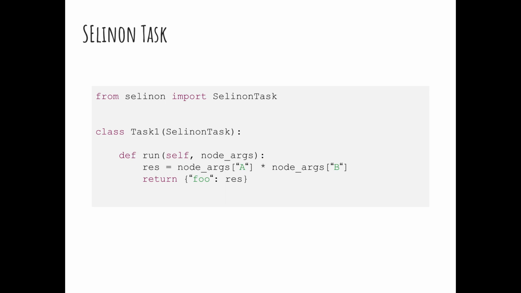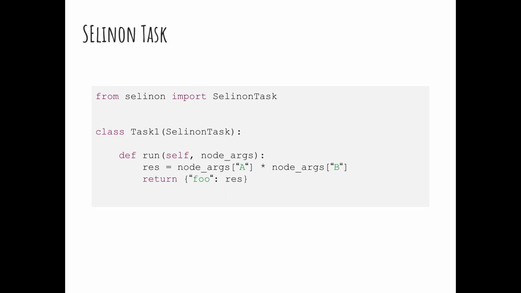So in Selinon world, you derive from Selinon task and you provide the run method, that is the entry point of the task implementation, and you accept these node args that are basically a message that is published on a message broker, if you put it very high level, and you multiply numbers A and B, you store it in the result variable, and then you return a dictionary, and this result is available under the foo key.